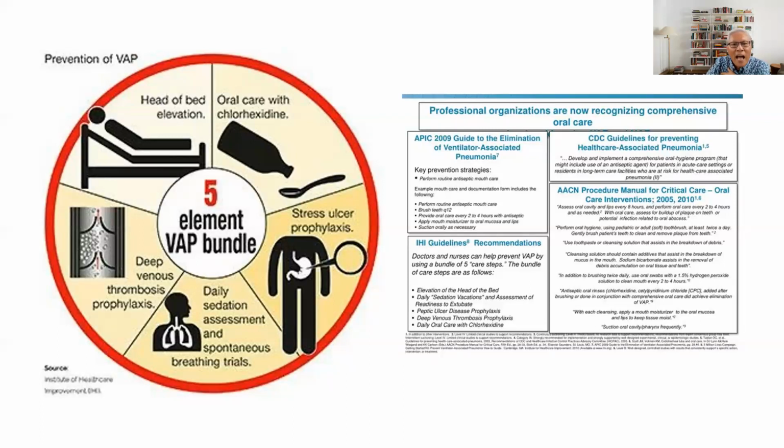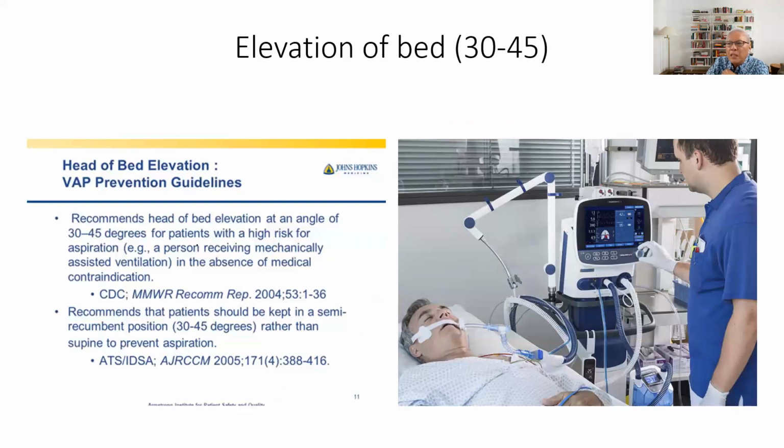So I will highlight the important strategies as far as the VAP bundle is concerned. The first thing is positioning. The head of the bed should be elevated at an angle of 30 to 45 degrees. And this is essential in order to prevent the risk of aspiration.